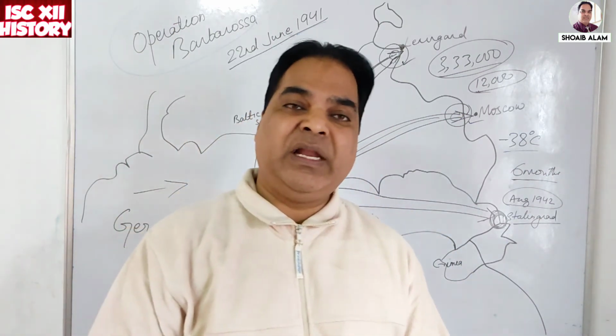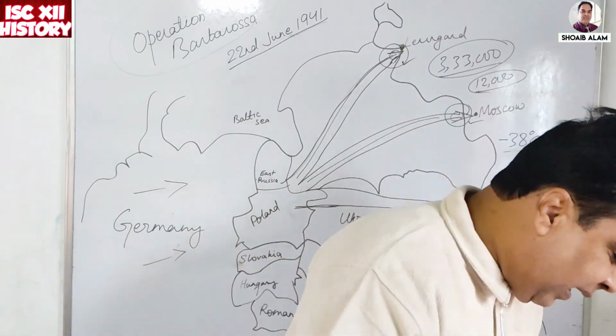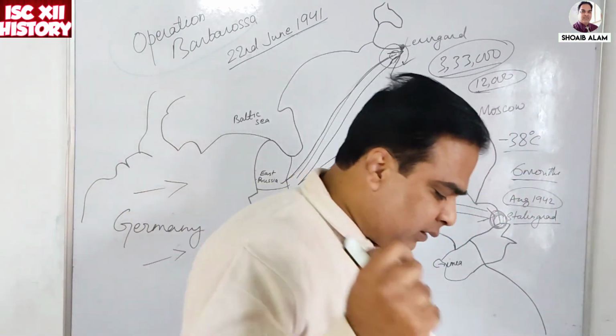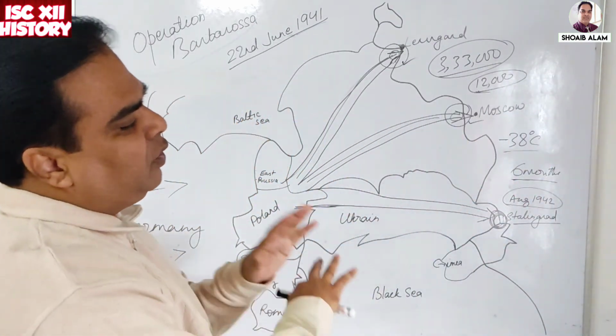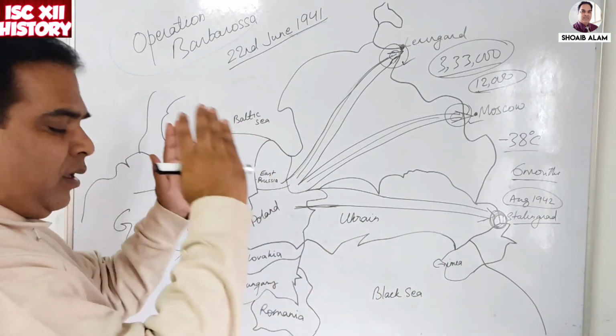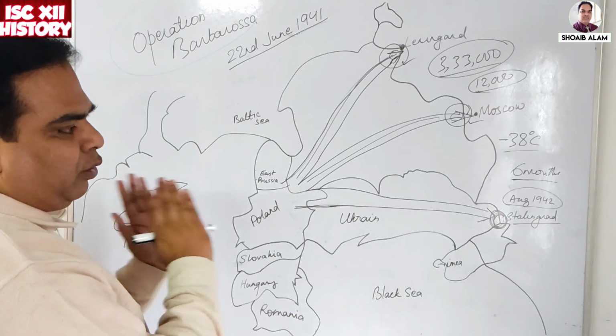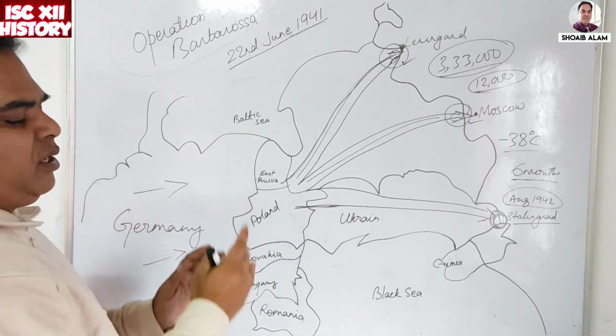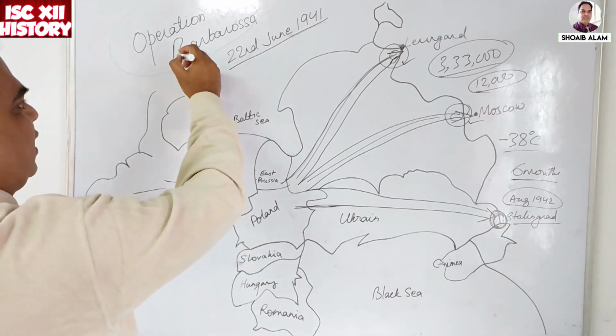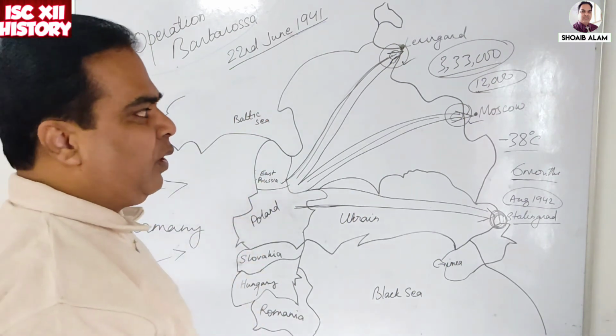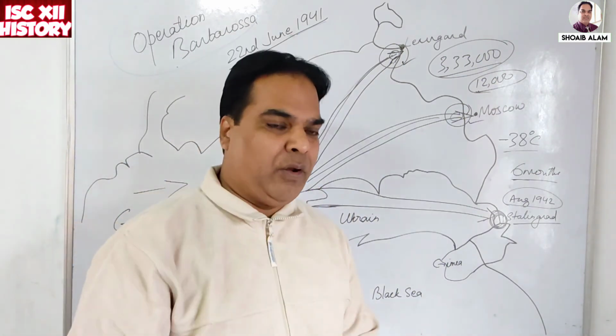Its failure ultimately became a turning point in the Third Reich's fortunes. That means the biggest mistake committed by Hitler was the launch of Operation Barbarossa. It was the last nail in the coffin of Hitler.